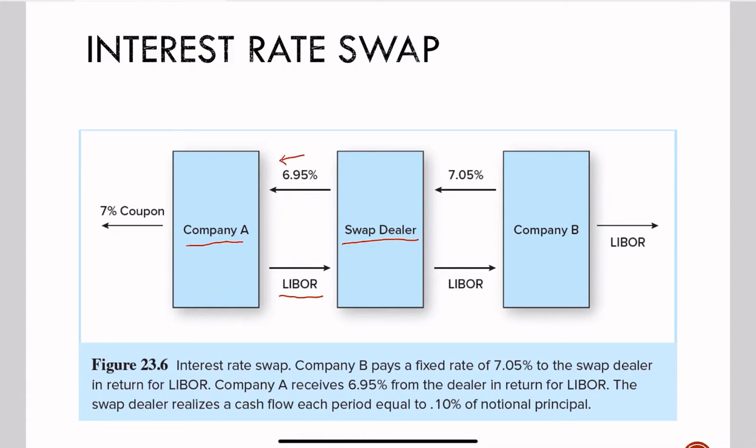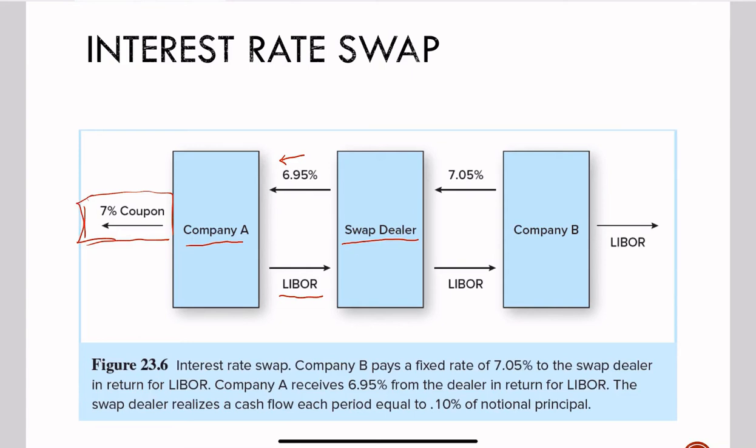Right? So why the firm A wants a fixed rate? Well, maybe because the firm A has issued some bond, and this bond has a 7% fixed coupon rate. Right? So the firm A has this liability, and it wanted to use the cash flow it received from the dealer to pay this coupon payments.